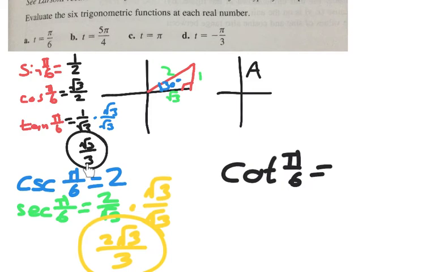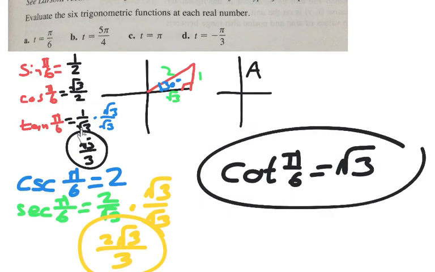So here's the good news. If I were to flip my actual answer, what's going to happen? I'm going to put that radical back in the denominator. I'm going to go through that process again. So I'm just going to flip my original. Right? Because the original didn't have a radical in the numerator. So when I flip it, we should be good. So cotangent of pi over 6, that's going to be radical 3 over 1, which we can write as just radical 3. Now just a side note, I'm just going to show you.